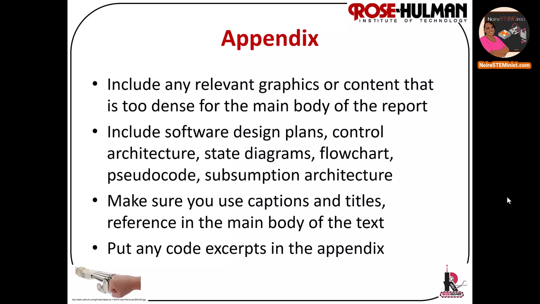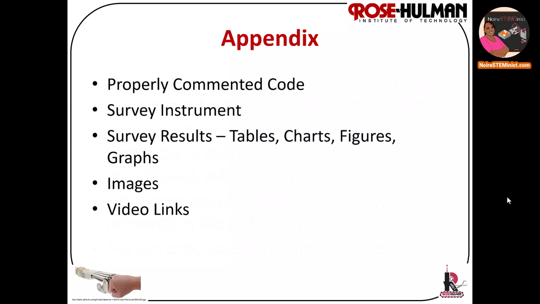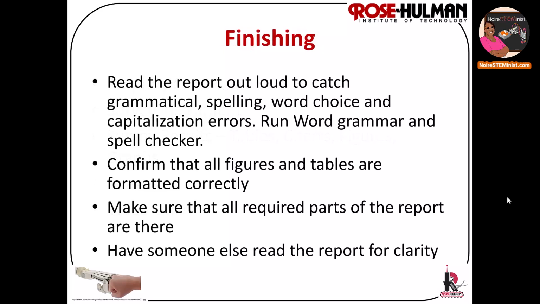All figures should have captions and titles and be referenced in the text. Any code excerpts that are important. Your survey instrument should also be in the appendix, as well as any charts or graphs or data based upon the participant responses to your survey. And properly commented code, survey results, images, video links.